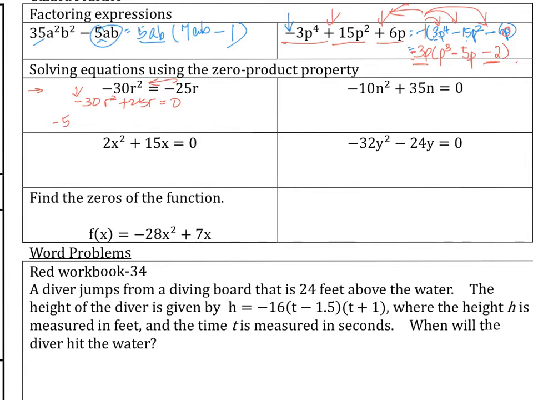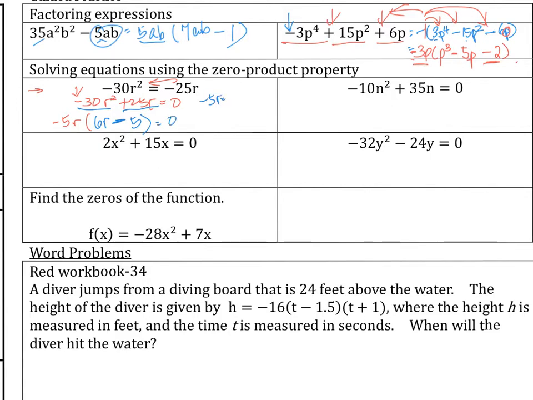And now I'm going to factor out the r. So negative 5r times 6r will still give you negative 30r squared, and negative 5r times negative 5 will give you positive 25r.